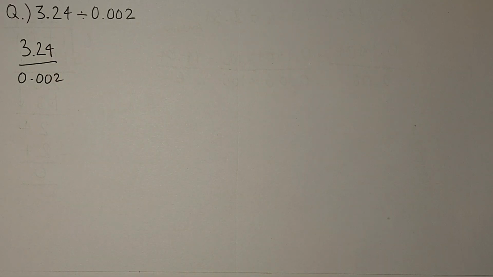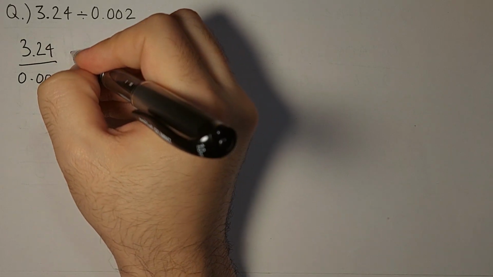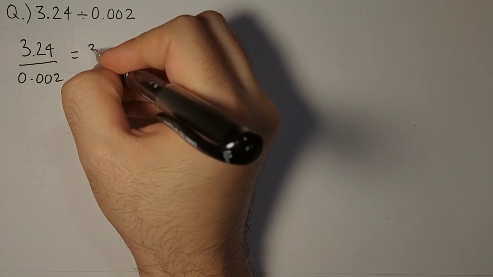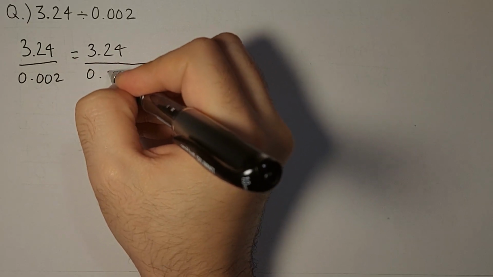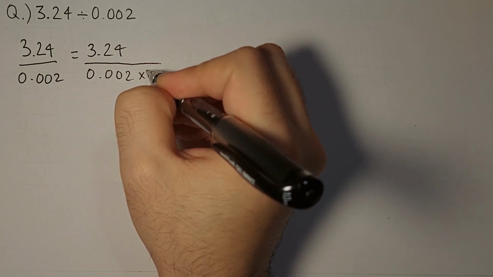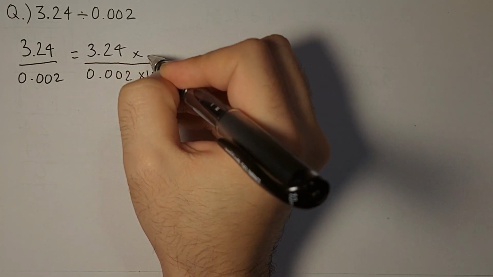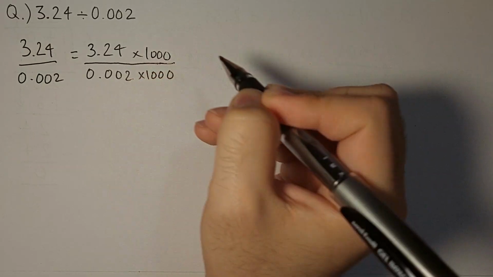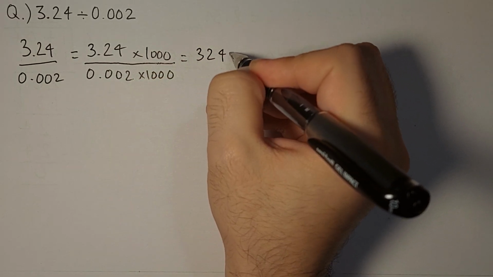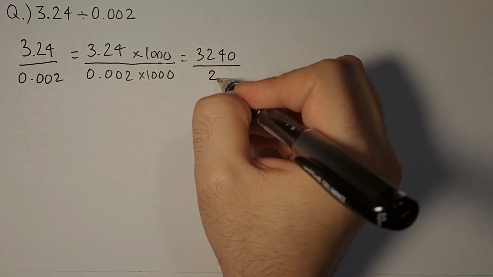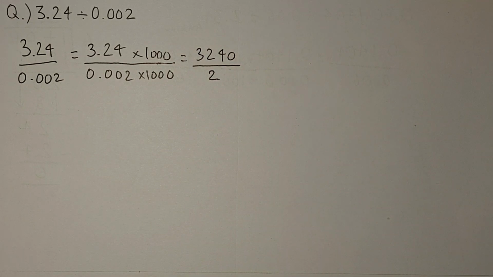And we're going to make the same multiplication with the numerator so that the fraction remains equal. This becomes 3240 divided by 2.